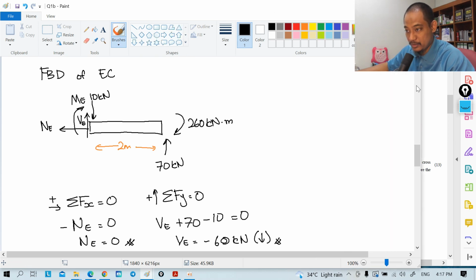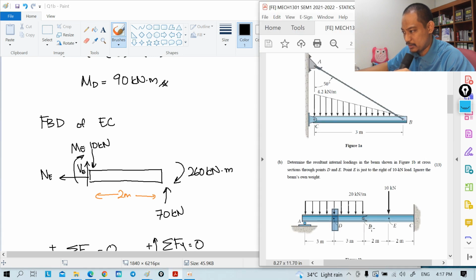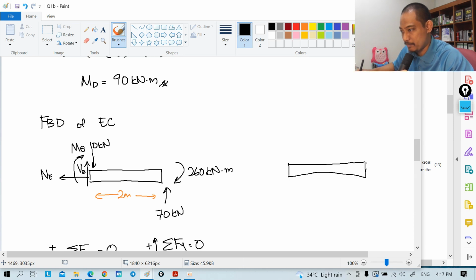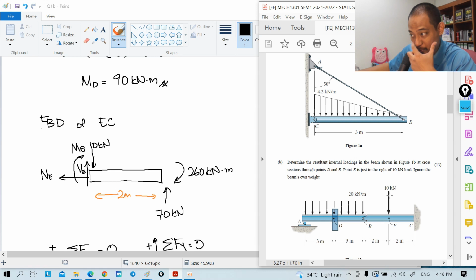Now, just to verify, I definitely have to take time from other questions. But here, because we take on the right, if I take on the left, it should give the same answer. So if I take on the left here, you'll have NE, VE and ME. On the left side, that 10 kilonewton should not be there, right?